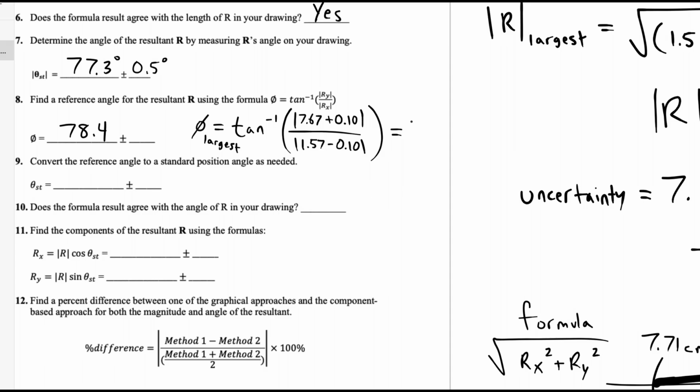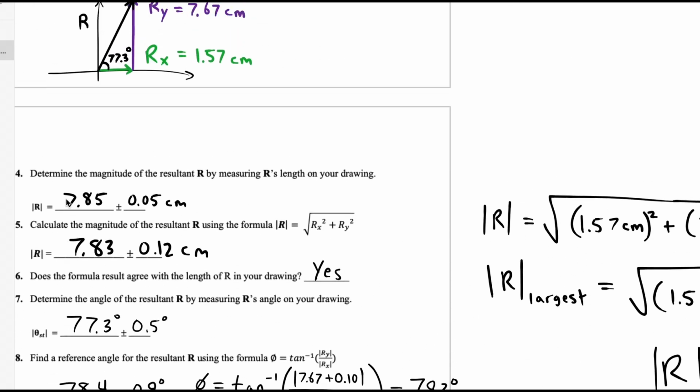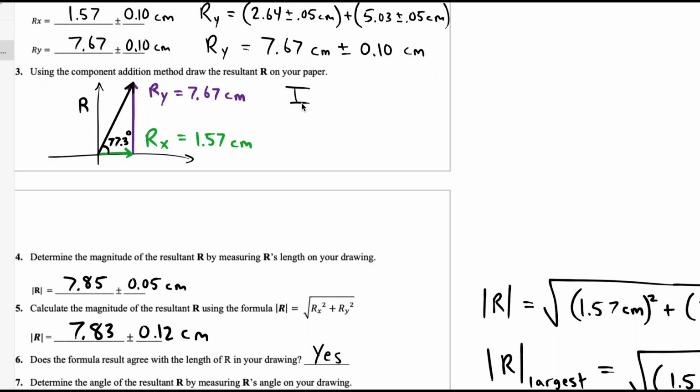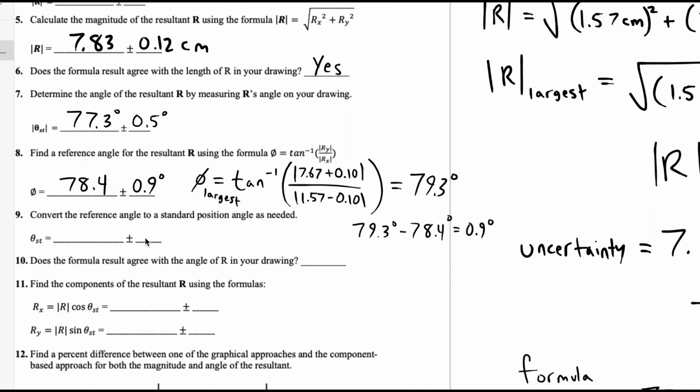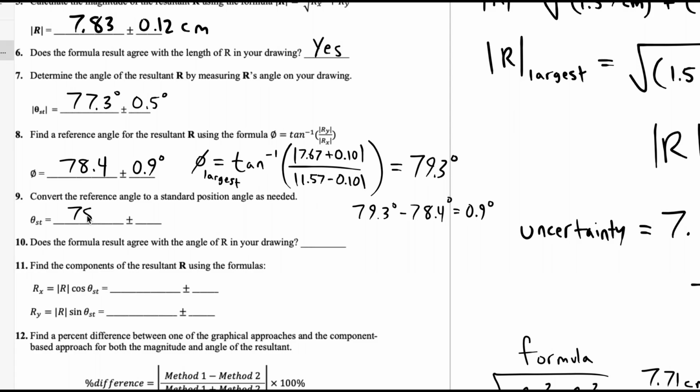I get 79.3 now. And 79.3 and 78.4, just subtracting them, the difference is 0.9. So my angle could be off by as much as 0.9. When you're pointing toward the first quadrant with your resultant vector, the standard position angle just is the reference angle. So there's nothing to do here in this case.